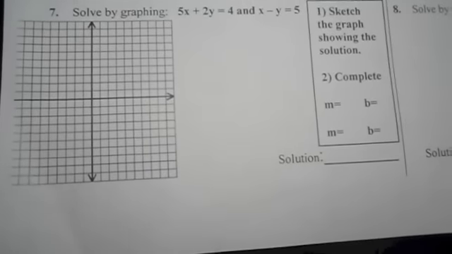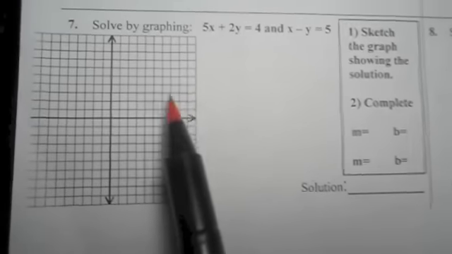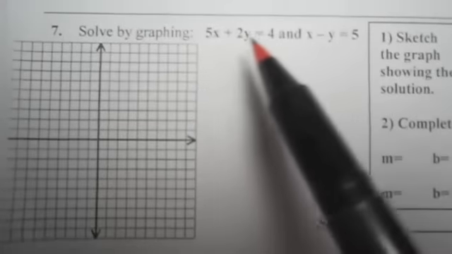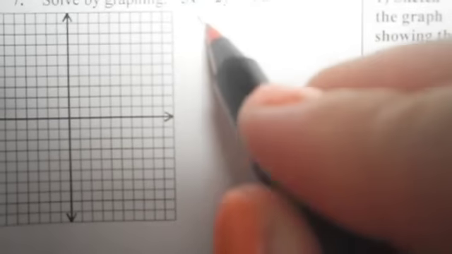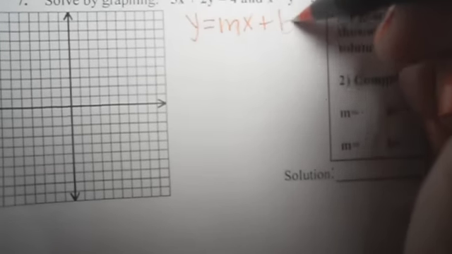Alright, 7 has us solve by graphing. Think back to number 1. We had to put each equation in the y equals mx plus b form.